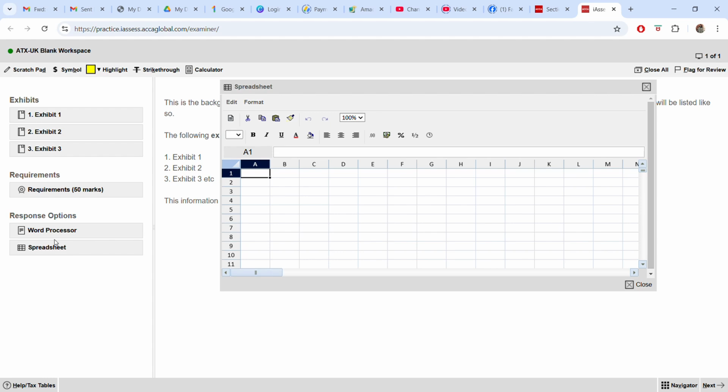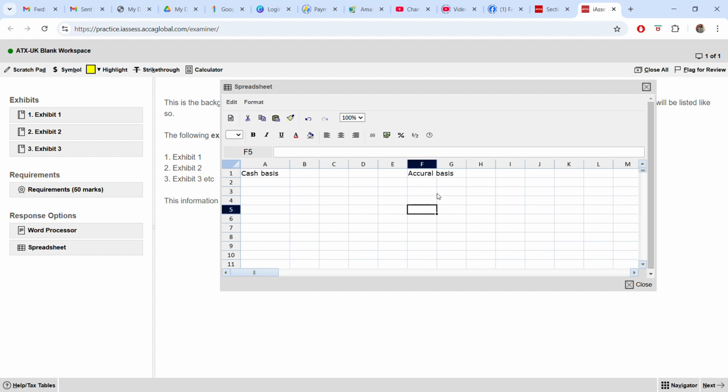So for activity 3, we are told to calculate trading profit under cash and accrual basis. So first we'll be doing under cash basis. So make sure that you clearly label that it's cash basis. And then sidewise I'll be doing for accrual basis also simultaneously so that you can see the difference.